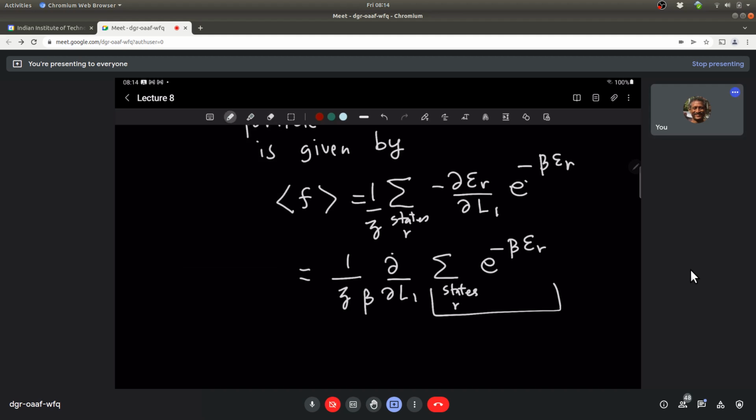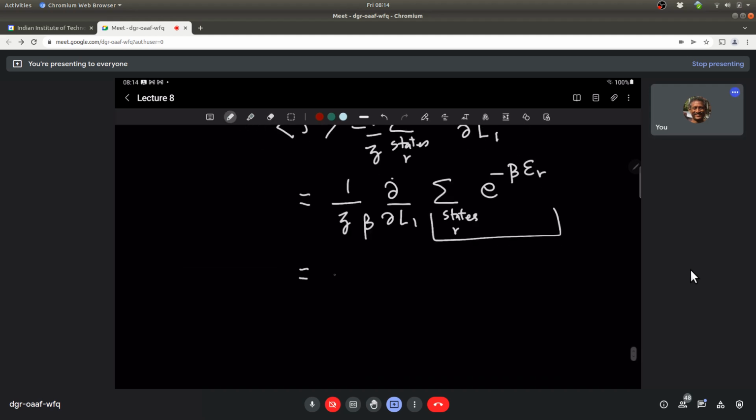So this is equal to 1 by little z, beta d by dL1 of z, which we can write again as kBT. Beta is 1 by kBT, so beta d by dL1 of log z.